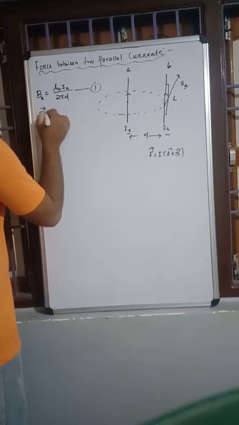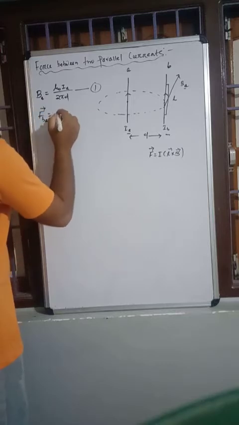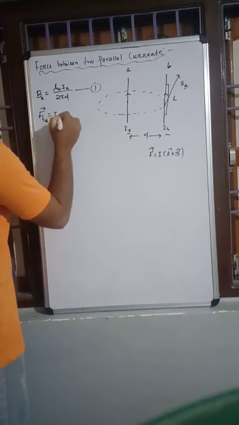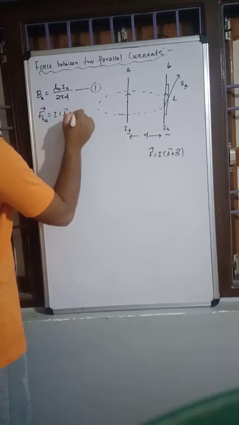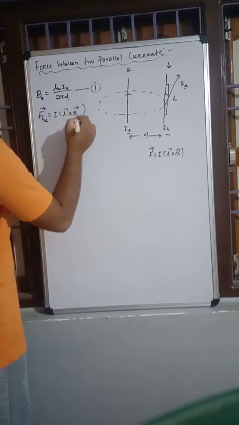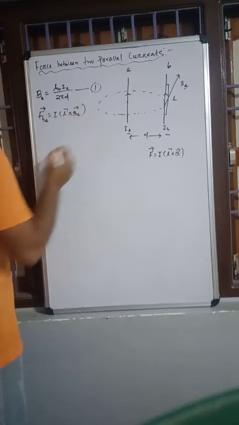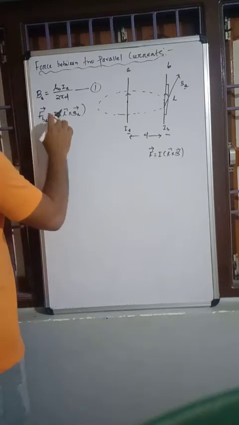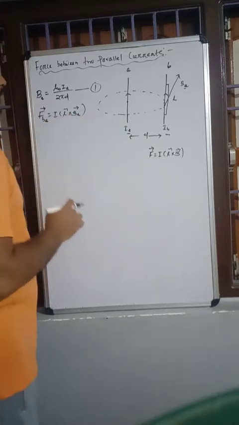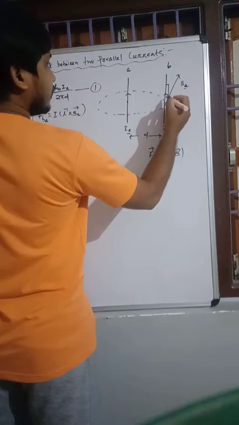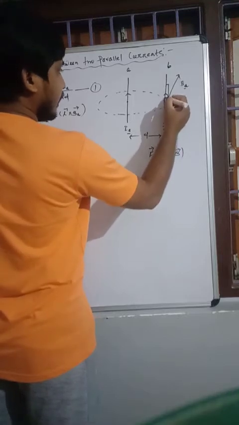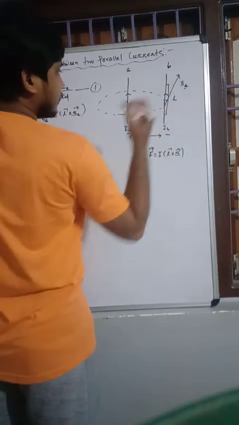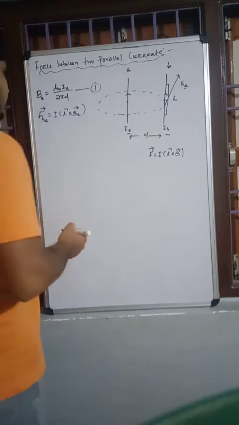will be equal to I L cross B, and that is our BA, or that will be equal to ILB sine theta. And you can see that here the angle between this length element L and B is 90 degrees. They are perpendicular to each other.